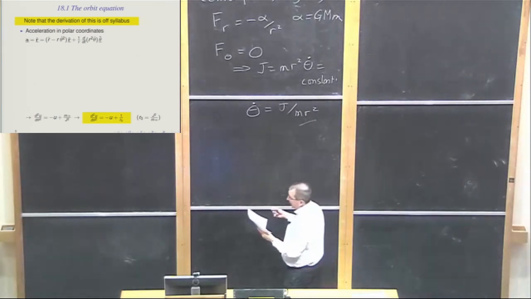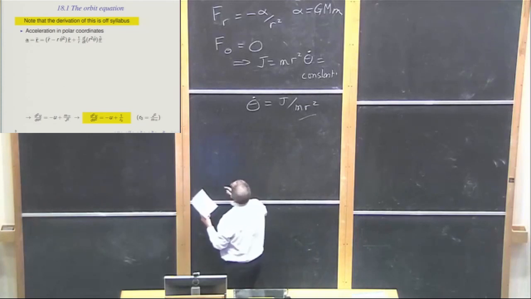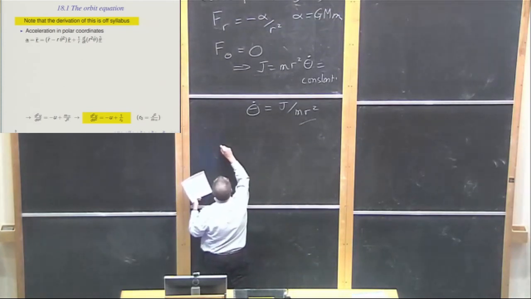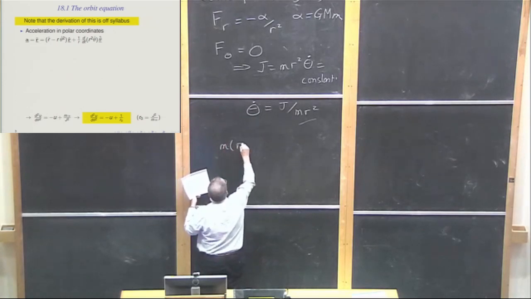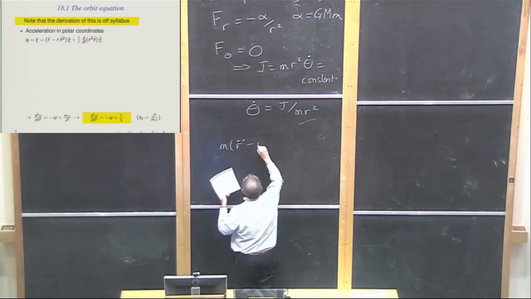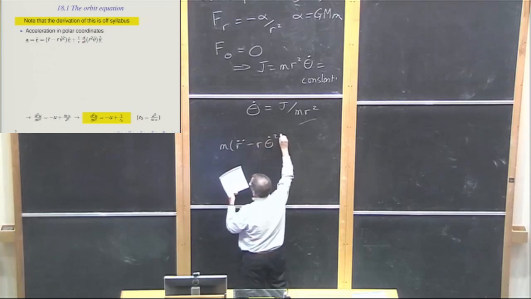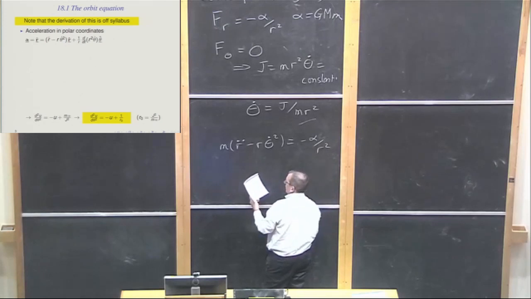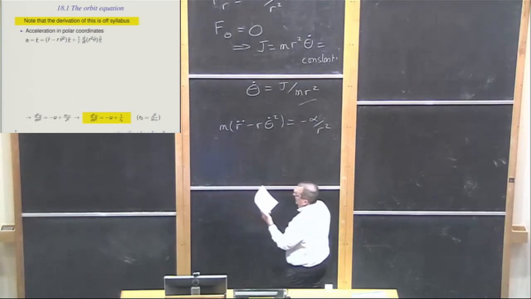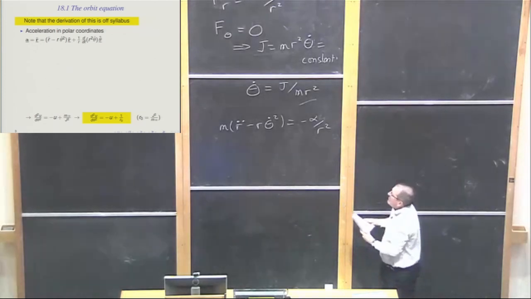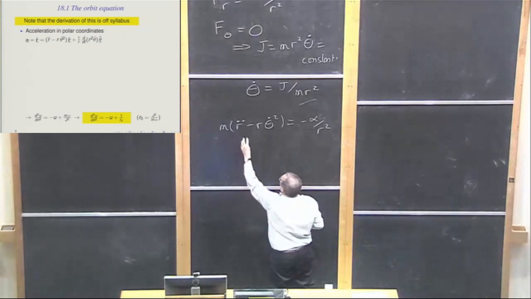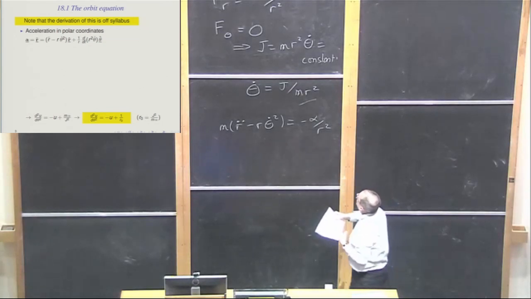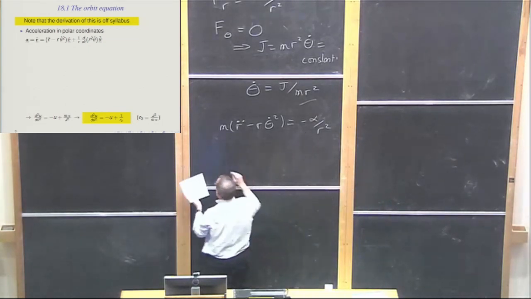Okay, so let's focus in on the radial component, however. So we have that m times r double dot minus r theta dot squared equals minus alpha over r squared. Now I'm going to divide through by m. I'm going to leave the r double dot on the left hand side, move this to the right hand side and make use of this expression here.